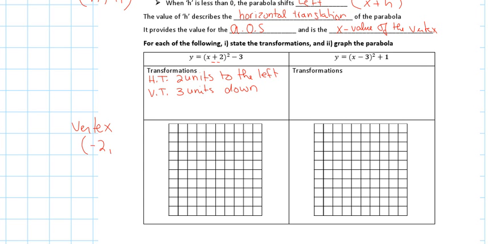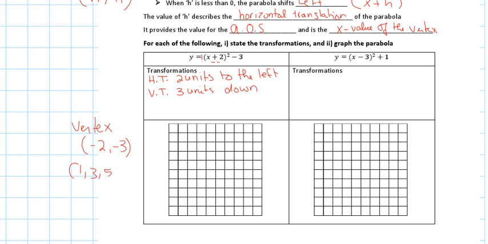Remember, the x value of the vertex is opposite to what you see. -2, -3. Okay, step pattern? 1, 3, 5. The a value is 1. So your step pattern is 1, 3, 5.